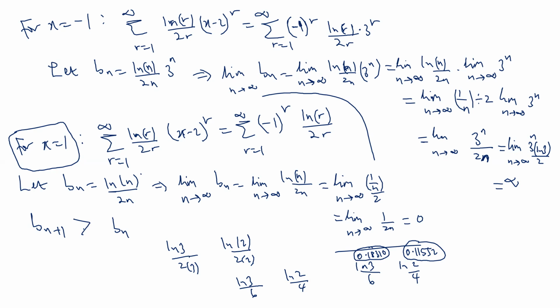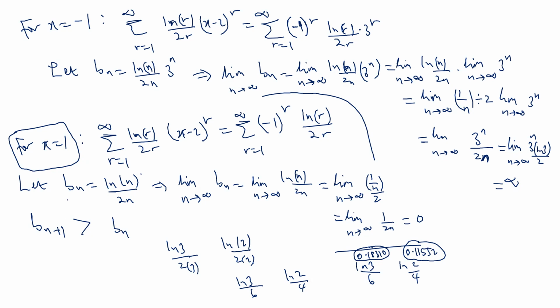Right, so it must be decreasing for convergence. In other words, you can't use the alternating series test, because for it to imply convergence, we require that it must be decreasing, which is not the case.